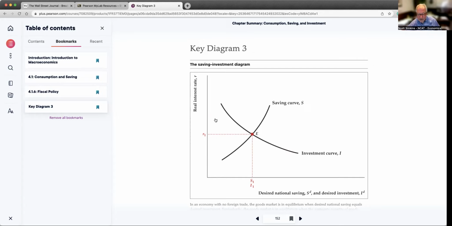All right. So once we have this diagram, once we understand what causes this curve to look this way: why is it downward sloping with the real interest rate? Why is this one upward sloping with the real interest rate? Understanding that those are decisions by consumers or Congress and the president leading to that one.